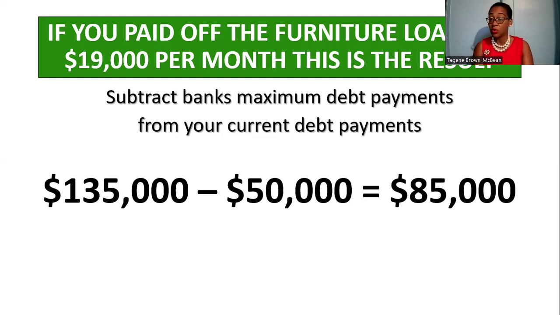It is nice to qualify for a mortgage, but it is even better to be able to make the payments. So as a backup, don't go for the max unless you have a fully funded emergency fund, which is 3 to 6 months of your monthly expenses.